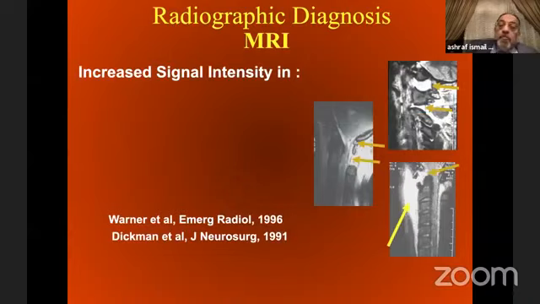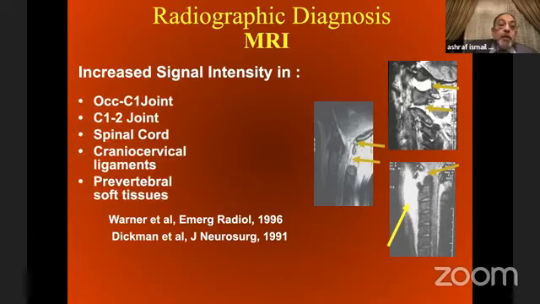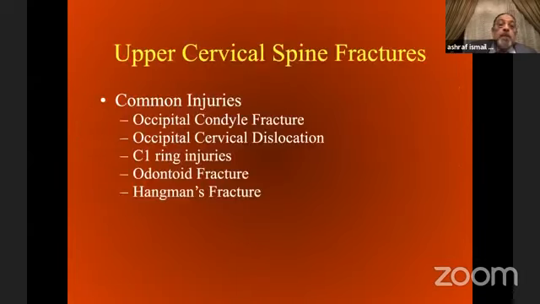The MRI shows us a lot of details, where the most important is the condition of the cord: if there is cord edema or contusion or hematomas around the cord, the ligaments, the occipitocervical joints, and the C1, C2 joints also. It shows the spinal cord, the craniocervical ligaments, and the prevertebral soft tissues.